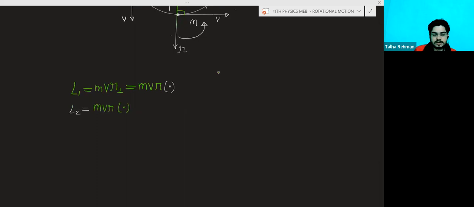In case of circular motion, there is a constant magnitude and direction of angular momentum. So this dot is representing outward direction. Outward means towards the reader, or away from the screen.